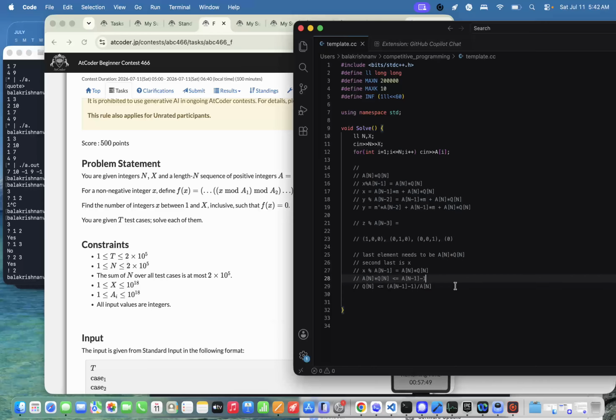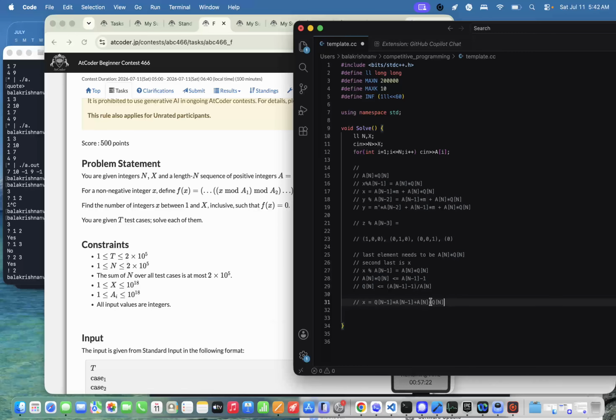That's for sure. So which means x is equal to q of n minus 1 times a of n minus 1 plus a of n times q of n.